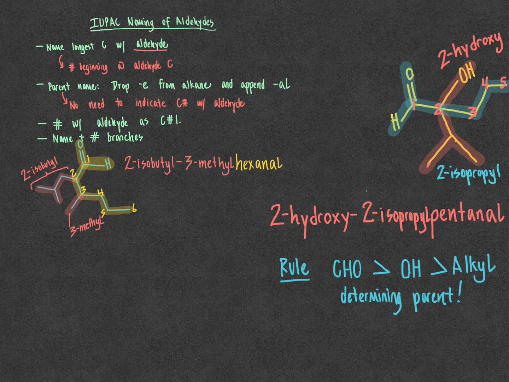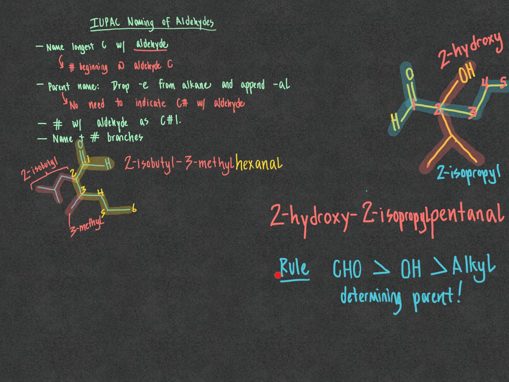Now that we've incorporated aldehydes into our mix, we learned that aldehydes are more important than alcohols, alcohols are more important than alkyl groups, and so this is the hierarchy we use to determine who is actually the parent chain determinant in the structure. So here, since you have an alkyl group, an alcohol group, and an aldehyde group, the aldehyde group is the most important.